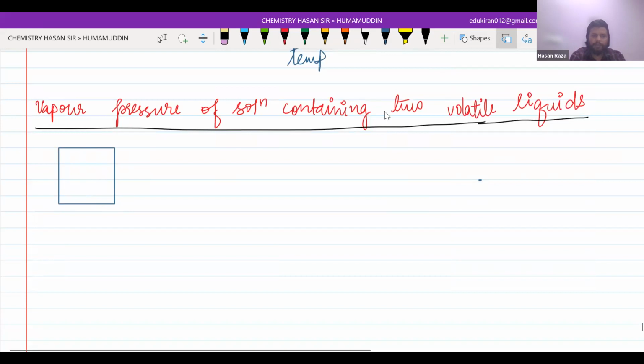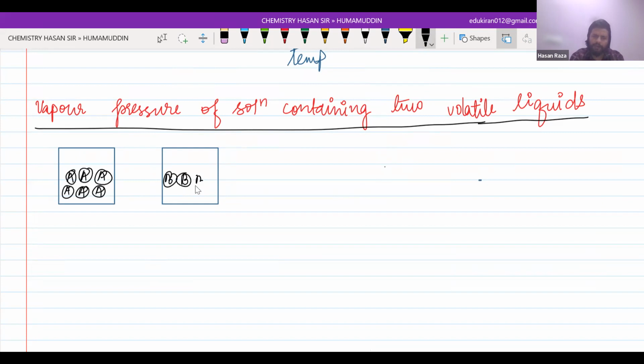There is a container and there is another container. Two containers are there, and both containers contain volatile liquids. Let's say in the left container you have substance of A, and in the right container you have substance of B. Both are volatile.